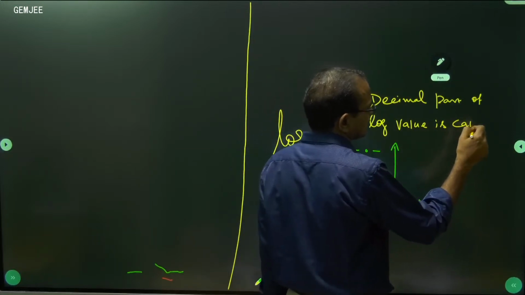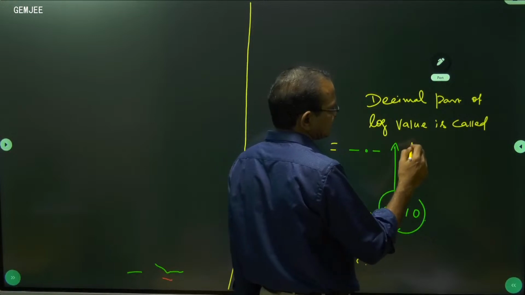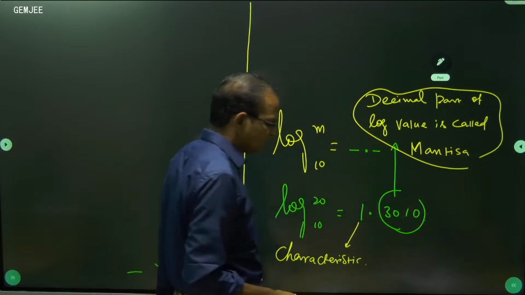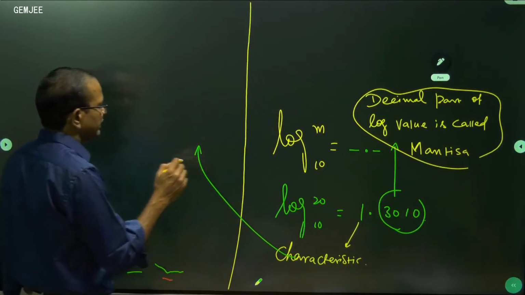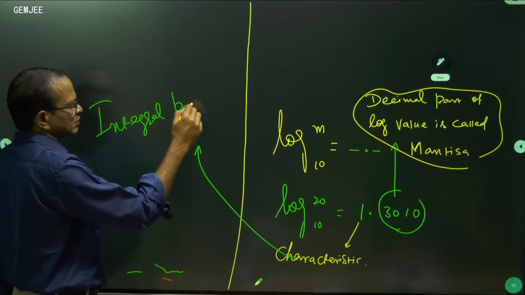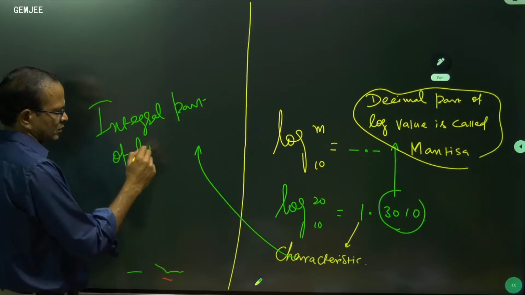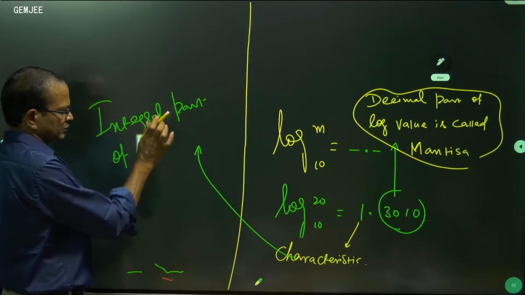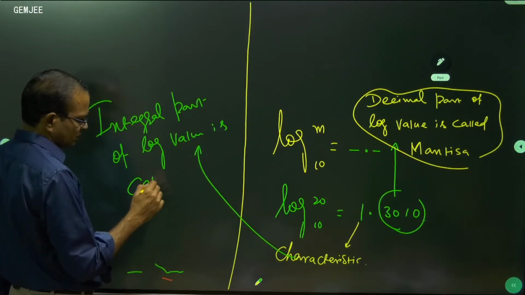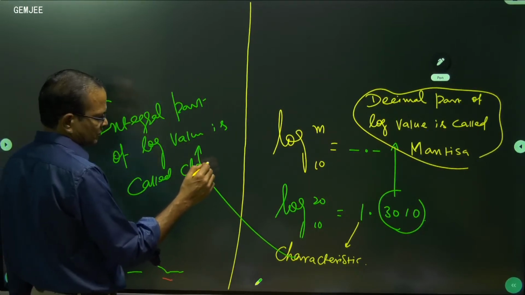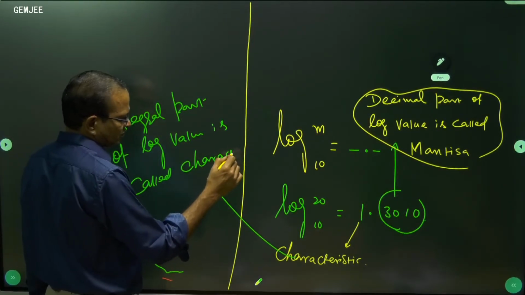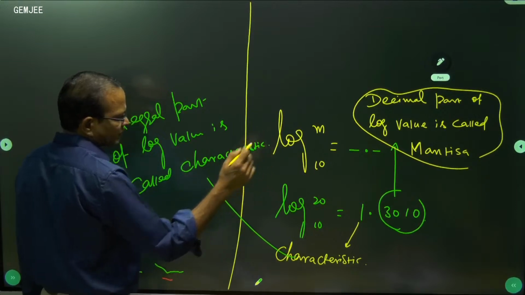The decimal part of a log value is called mantissa. The integral part of the log value is called characteristic.